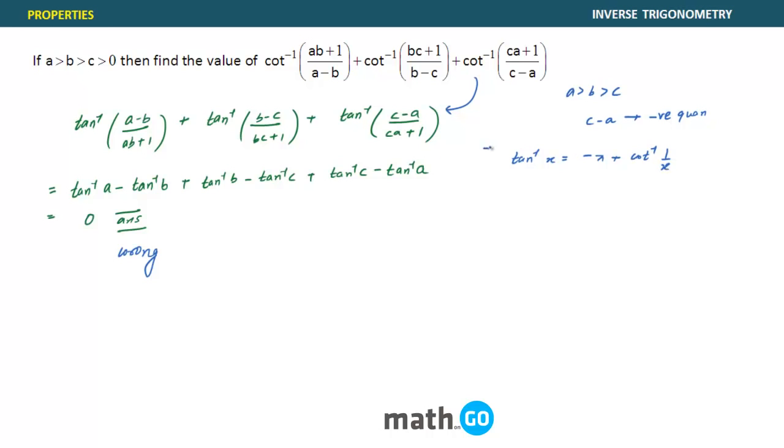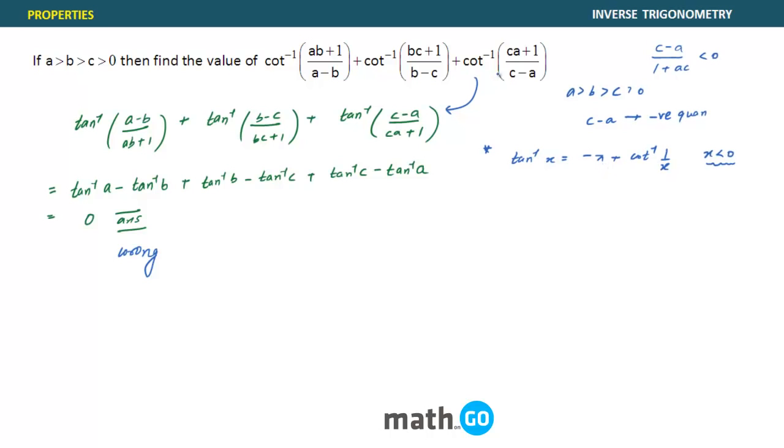Remember, this is the property that we did. This is the property when x was less than 0. So here, since c minus a is negative, c minus a by 1 plus ac will also be negative because a and c are both positive, right? This is given here. So this property has to be used here.